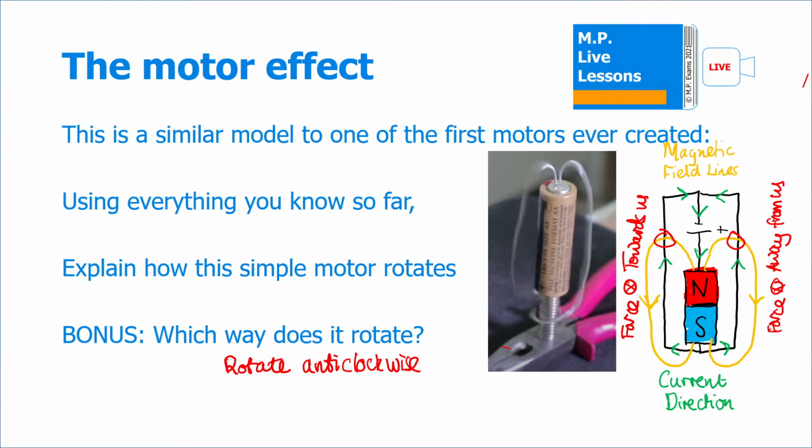Because if I draw the magnetic fields here as well, and the current, so the current will go this way, and then the magnetic fields, which will go from north here to south.